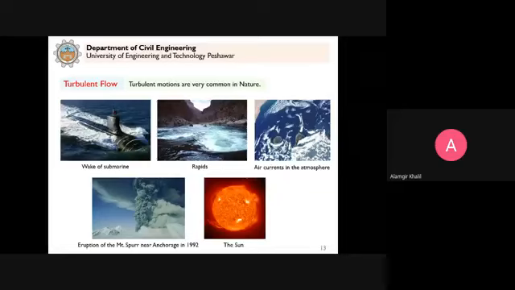So in turbulent flow, we saw that the particles of the fluid move haphazardly in irregular paths, with high velocity, consequently high Reynolds number. Essentially, the velocity is three-dimensional, because there are fluctuations.